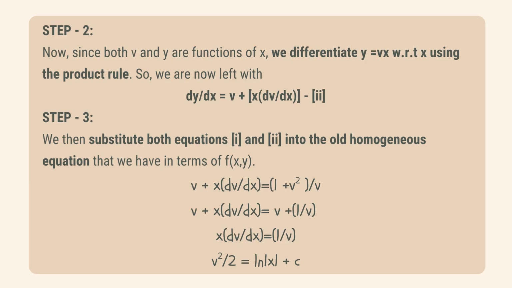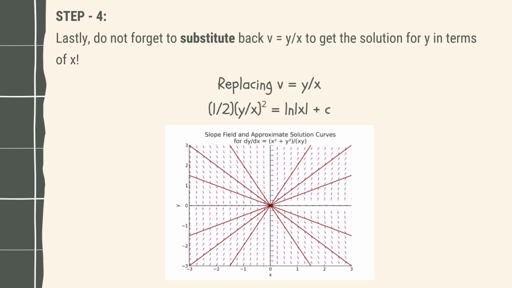After integrating, we can write it as v square by 2 is equal to log x plus c. Very good. Lastly, do not forget to substitute back v is equal to y by x, so that you get the solution for y in terms of x. After replacing v is equal to y by x, we get our answer as 1 by 2 times y by x whole square is equal to log x plus c.